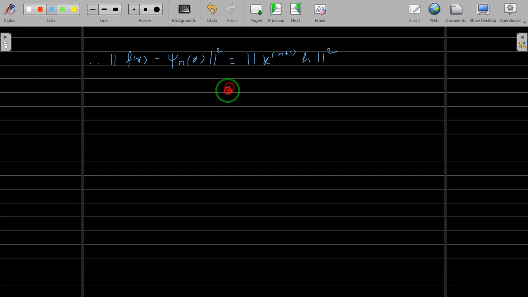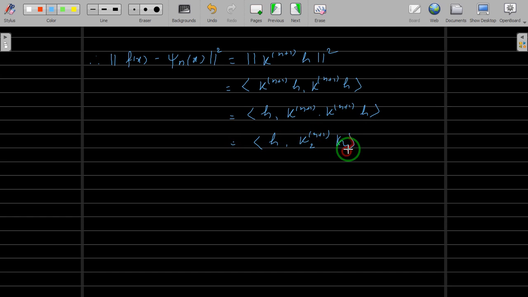And this norm is the same as the inner product of k plus h with k plus h. So we can take this as an operator on that side, so it is the inner product of h with k plus k plus h, and let us write this as the inner product of h with k plus 2h.